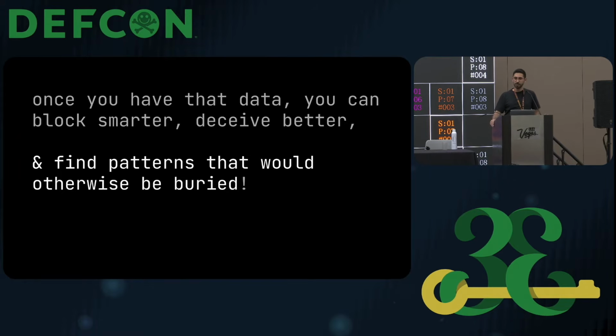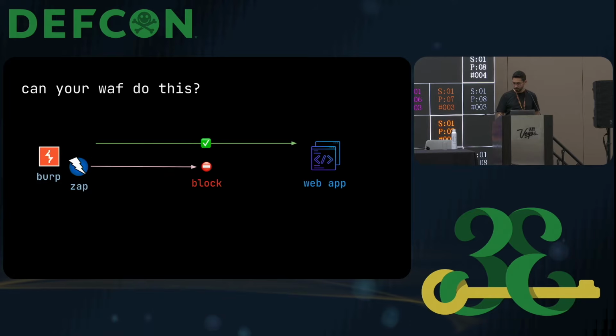Once you have these metadata or fingerprints, you can block easier and smarter. You can deceive better if you're into honeypots. And you can find patterns that otherwise would be impossible to find. I will show you some very interesting patterns which I found using these fingerprints.